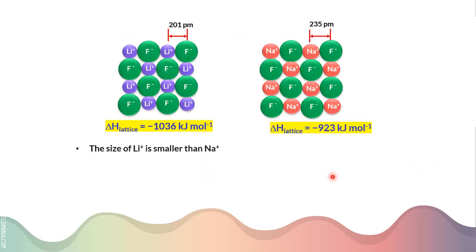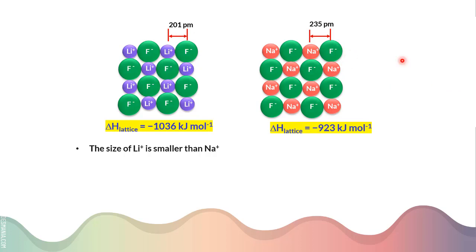What is the relationship between the size of ions and lattice energy? The distance between lithium ion and fluoride ion in lithium fluoride is smaller than the distance between sodium ion and fluoride ion in sodium fluoride.